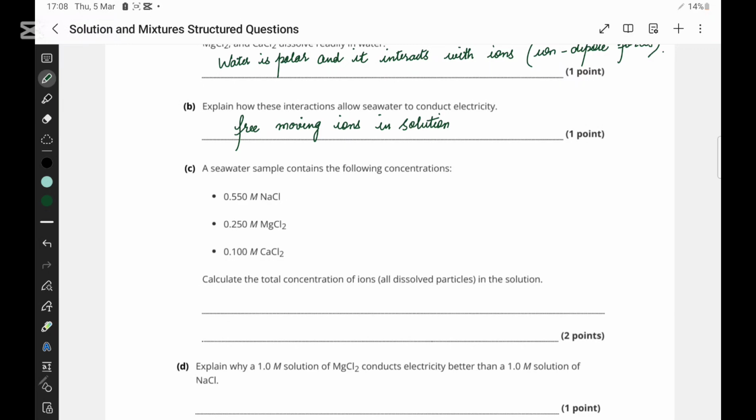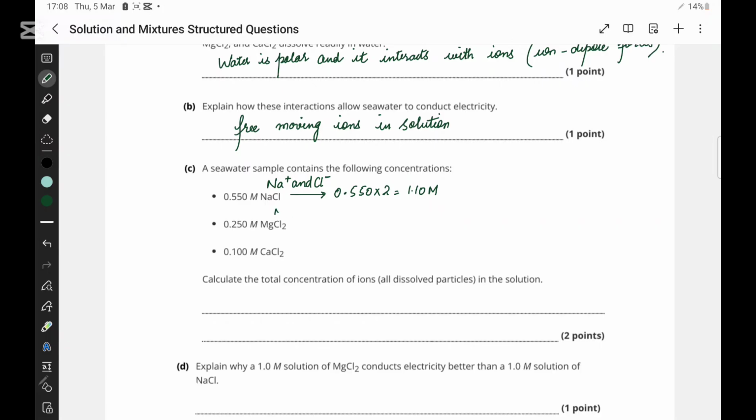So for that, NaCl contains two ions. As you know, it contains Na positive and chloride ion. So it contains two ions, so its molarity will be 0.550 times 2, that comes out to be 1.10 molar.